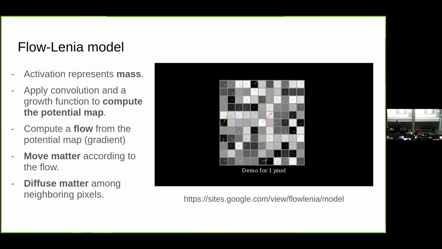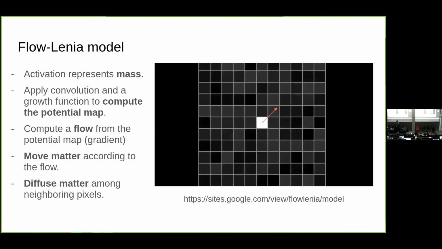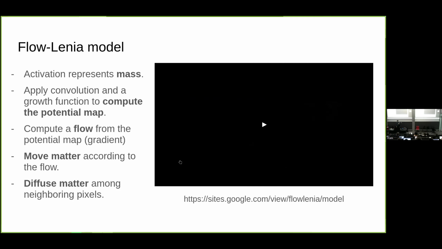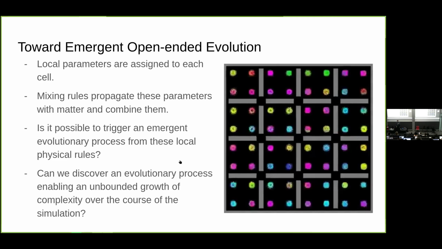So with this formalism, matter moves around. And what is also in the original paper is the idea of embedding the rules of the world inside each cell, so that each cell corresponds to different rules, and the world is not uniform anymore.